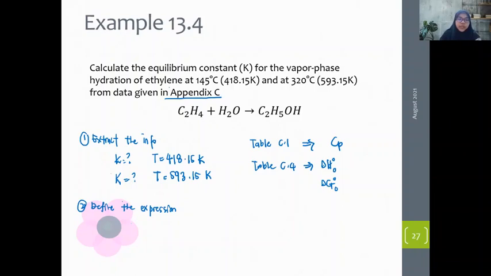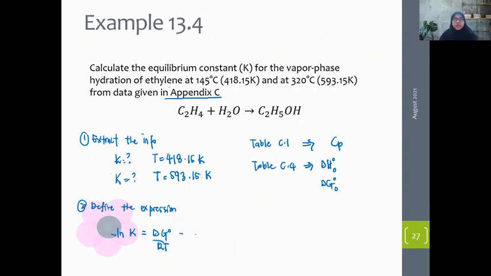So define the expression: minus ln K equals delta G naught over RT. We have the value of R, and T is also given. So how can we obtain the value of K and delta G standard?